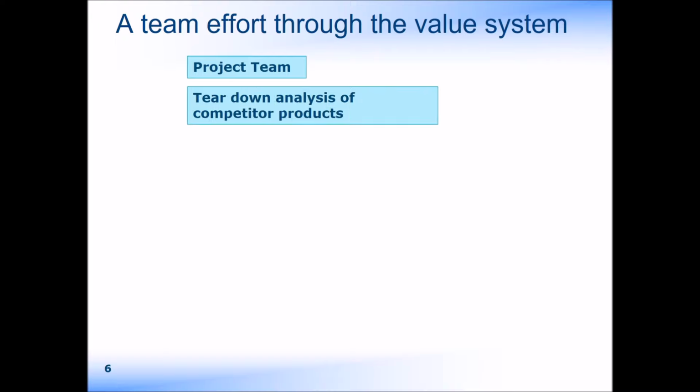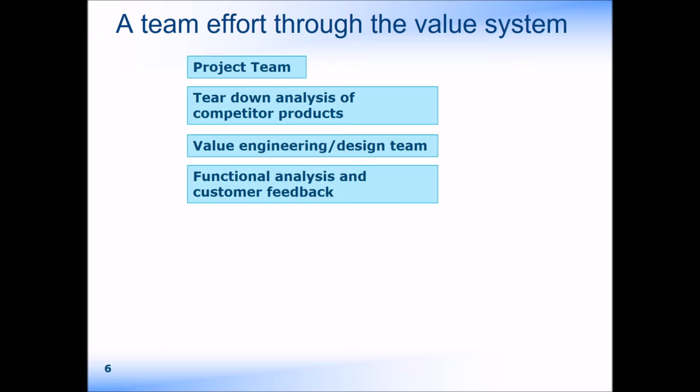Looking at competitor products can also be important, particularly if there are existing products in the market, and looking at how our competitor products are made is just as important as estimating the total cost of manufacturing and product costs. Value engineering and the design team we've seen can play a key role, as does customer feedback and building that into the design.